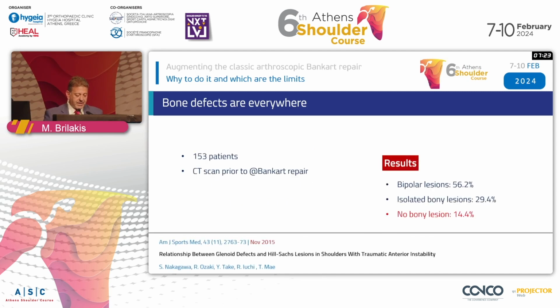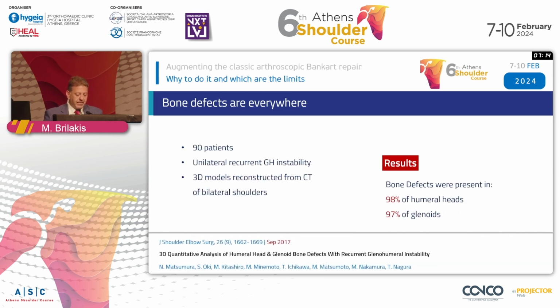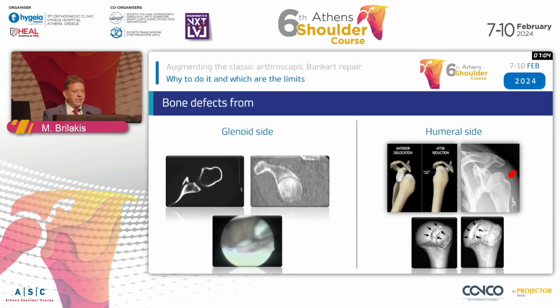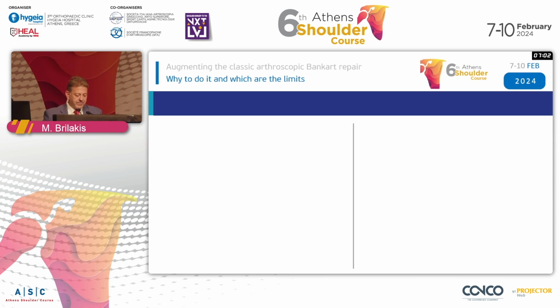There are many studies that show that few cases have no bone defect, and more advanced studies with 3D CT show that in every case there is at least a minimal bone defect, either from the glenoid side or from the humeral side.